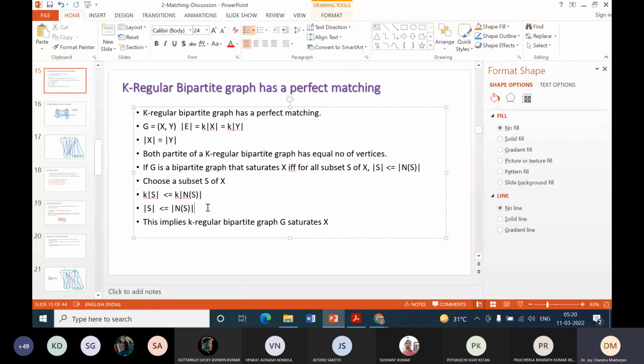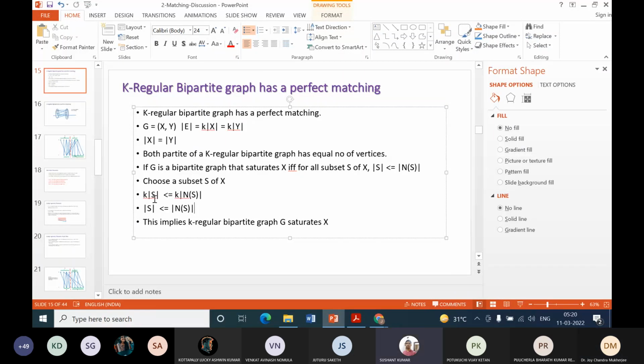Can you repeat again? Sir, K mod S edges are coming out. For every edge we will get a neighbor, right? For every edge, I will get a neighbor, but they may not be distinct.